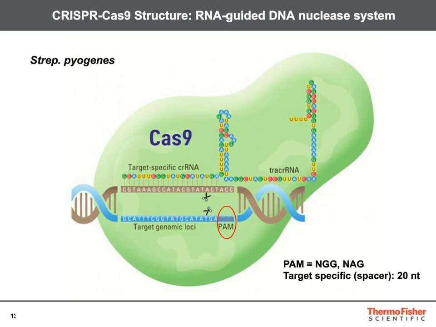The complex is thought to then intercalate in at the PAM sequence to create single-stranded character, which then is thought to allow the association of the CRISPR RNA with the single strand. And then that is thought to lead to a conformational change, which brings these two nuclease domains of the Cas9 into position to create a double-stranded break in the DNA. And again, it's very specific, and the double-stranded break is very clean in this case. So this is basically the tool that we'll be discussing from here on out.